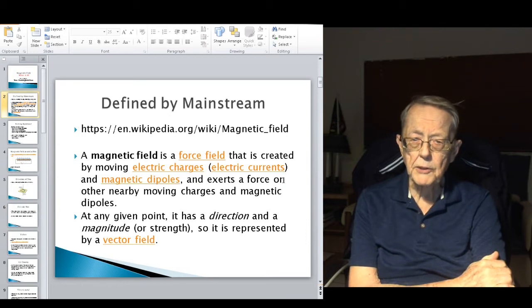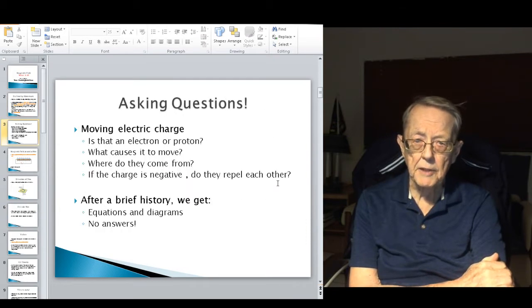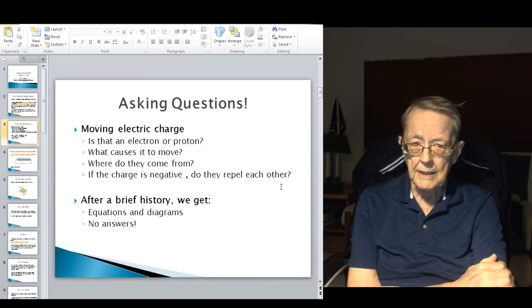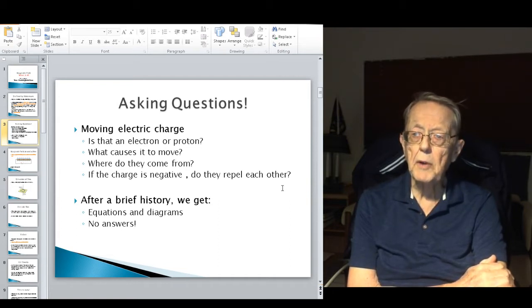Well, there are some questions you might have about all this. I could ask, when they say an electric charge, are they talking about an electron or a proton? What's causing it to move the way it does? Where do they come from? If the charge is negative, do they repel each other?